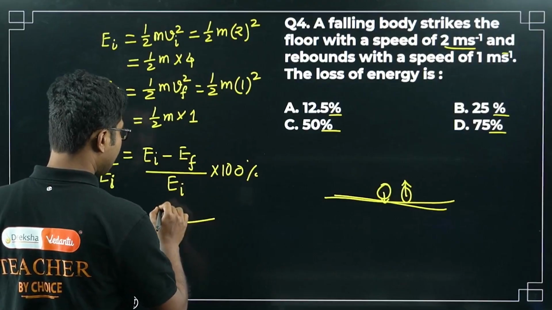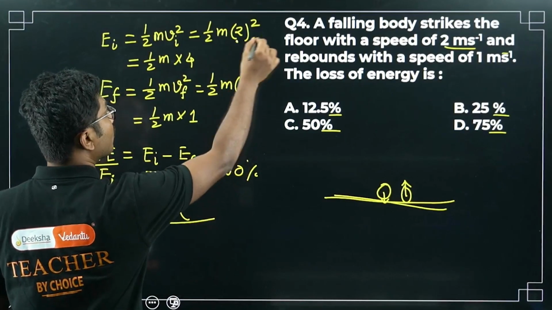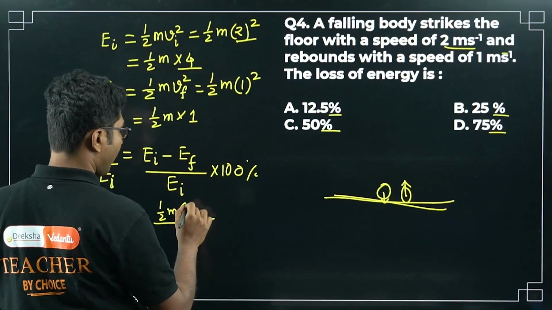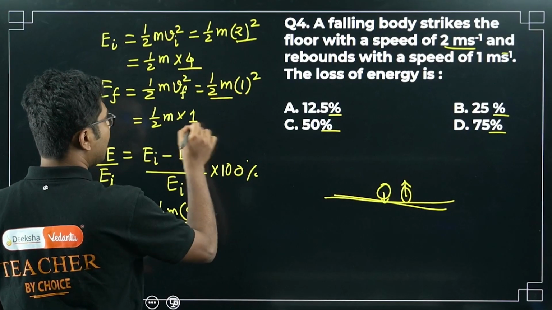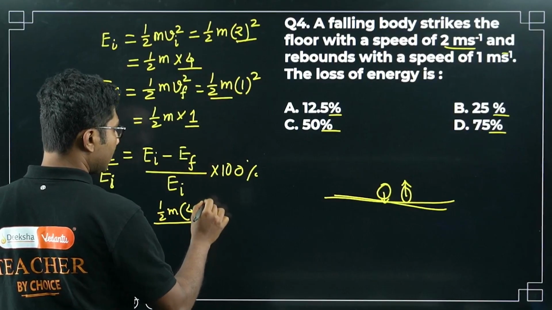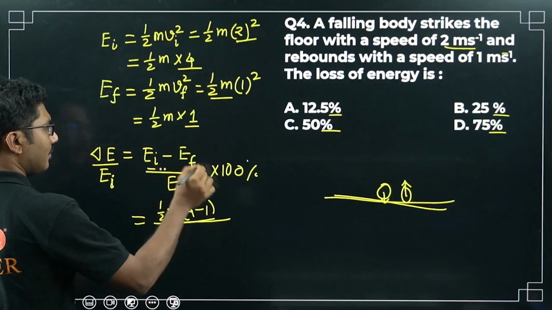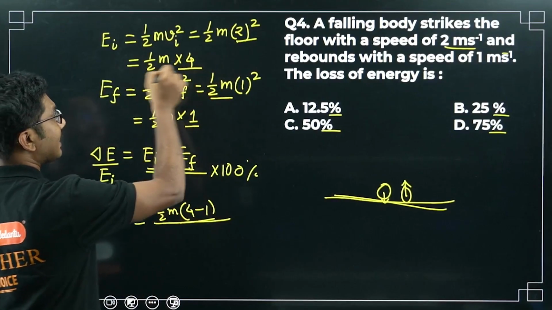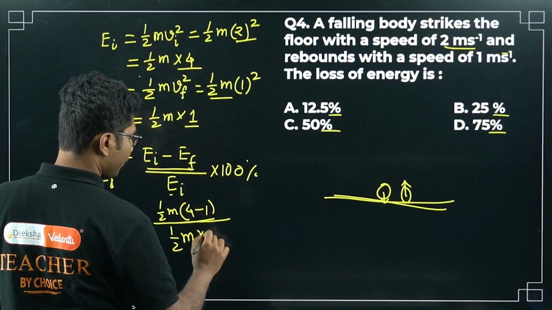So initially it was half m times 4, finally it is half m times 1. So half m will be common, so it will be 4 minus 1. That is the numerator. Now what is initial? Directly write the initial in the denominator, half m times 4.